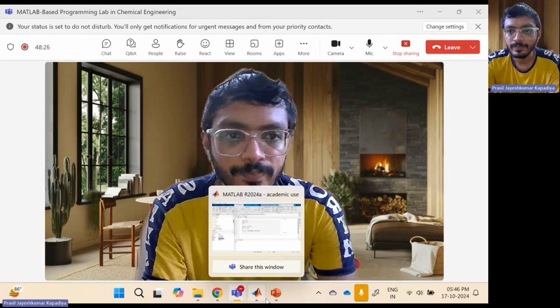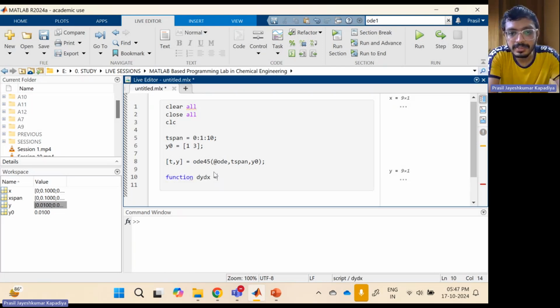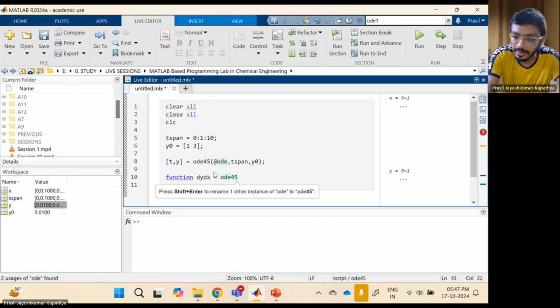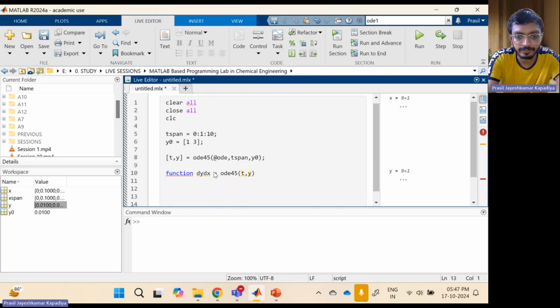Okay, I'm sorry. So now we need to write down the function. So here the function will be slightly different. So my function, what do I calculate? dy/dx is equal to the name of the function ode45, and let's say we need t comma y.